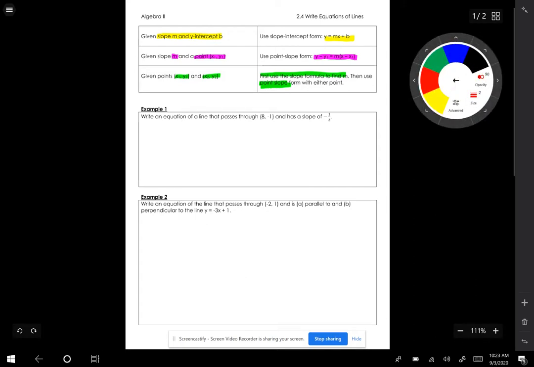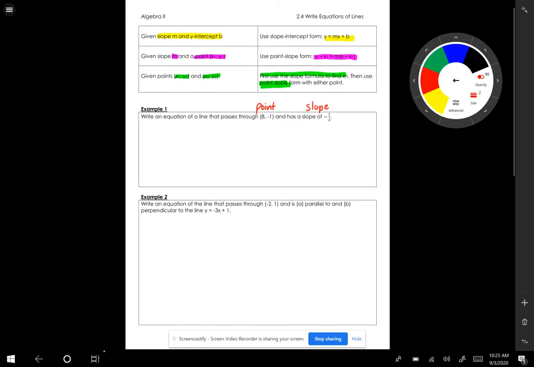We will begin with some examples. Write an equation of a line that passes through 8, -1, and is parallel, and has a slope of -1/2. So we know our point, and we know our slope. So therefore, we want to use point slope.